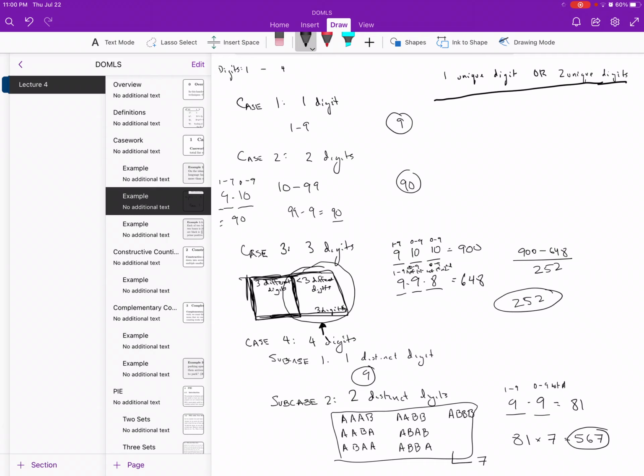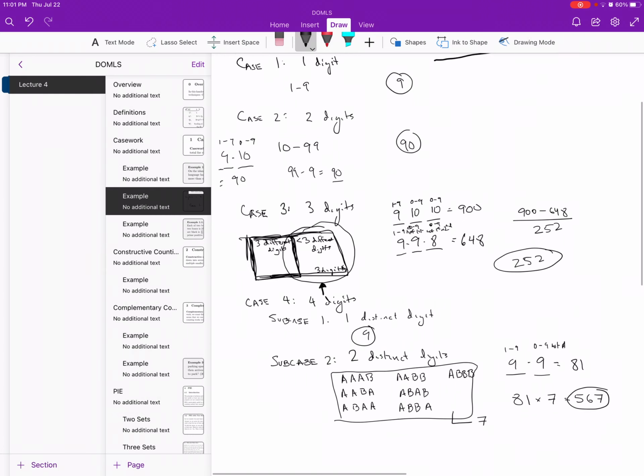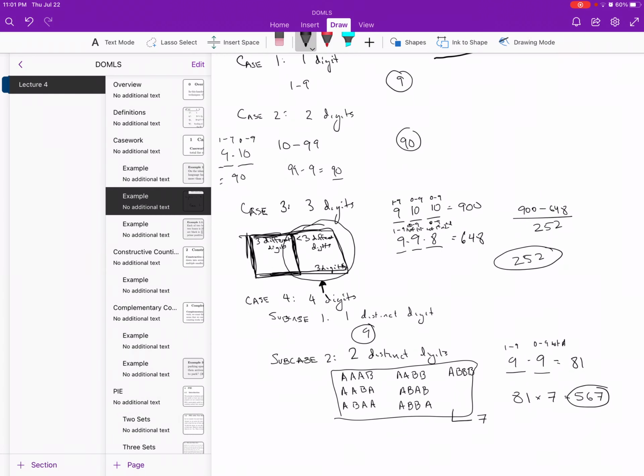Okay, so that's essentially the bulk of everything. That's the computational part. Now we can just use our addition principle. So we've covered all our cases, so now all we have to do to get the whole problem is add everything together. 9 plus 90 plus 252 plus 9 plus 567.